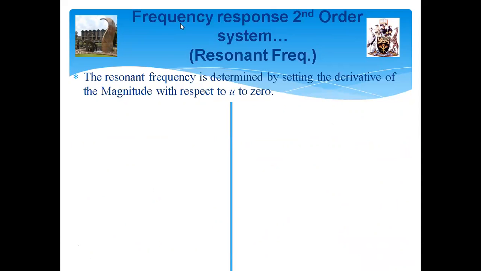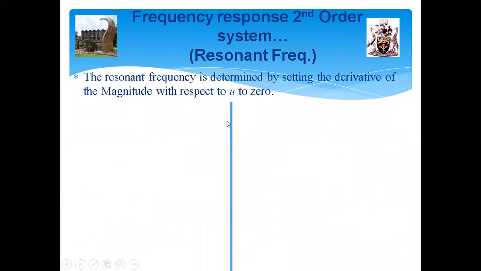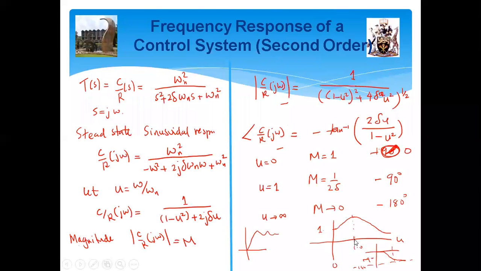For us to get the resonant frequency, which is the frequency where the magnitude is maximum, we need to differentiate the magnitude and set that derivative to 0, which gives the maximum magnitude.